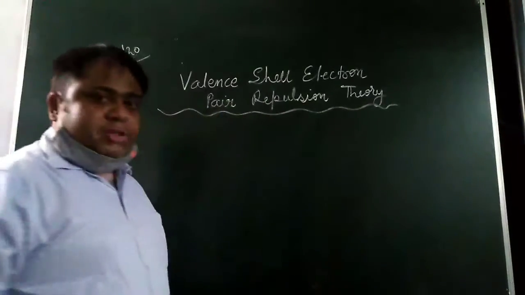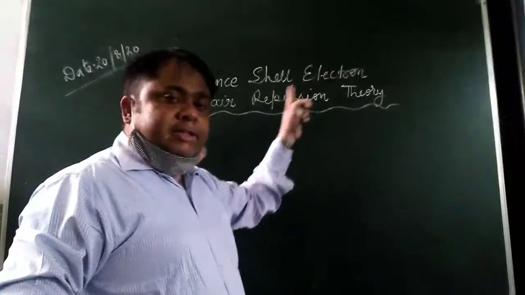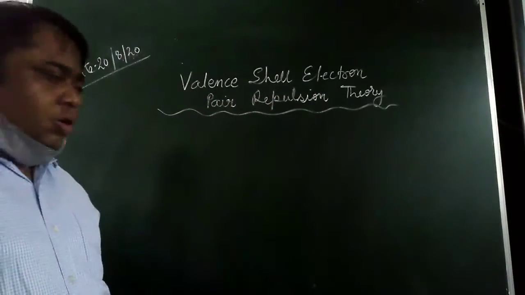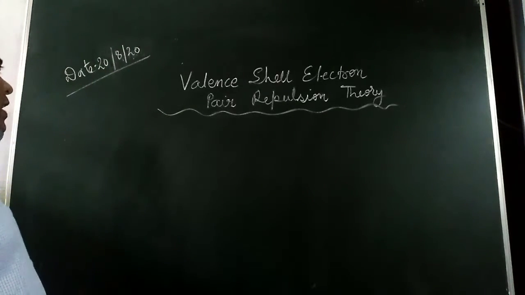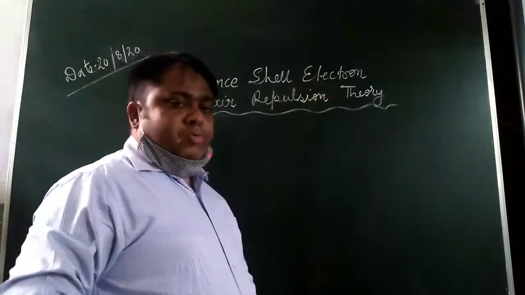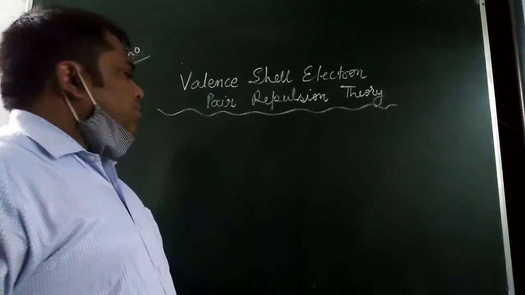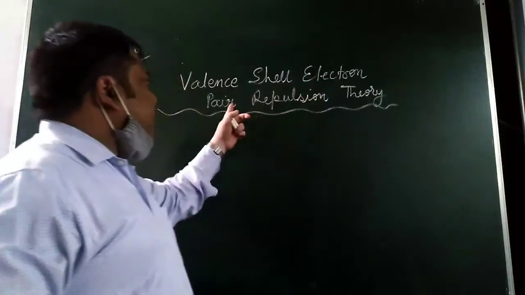The best part of this theory is that each of these words will give you the hint about the postulates or the main points of this theory. What does it say? It says that it is the valence shell's electrons which determine the shape and structure of the molecule, and the electron pairs repel each other.